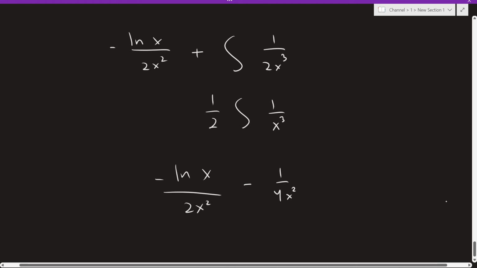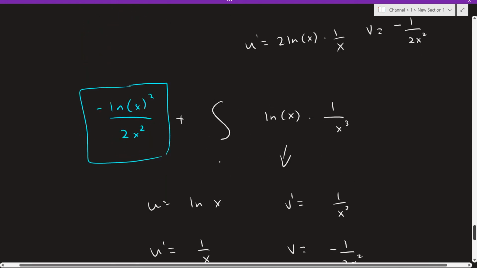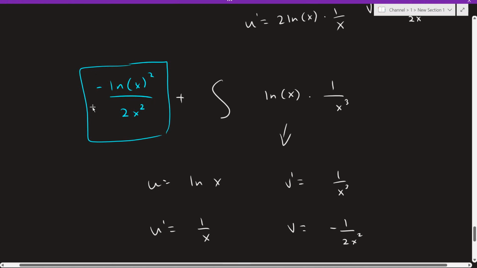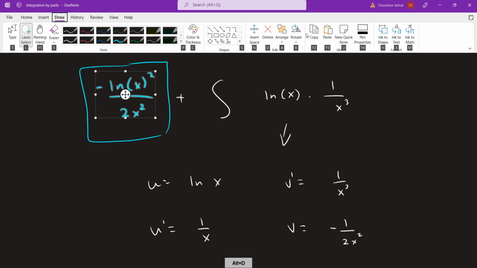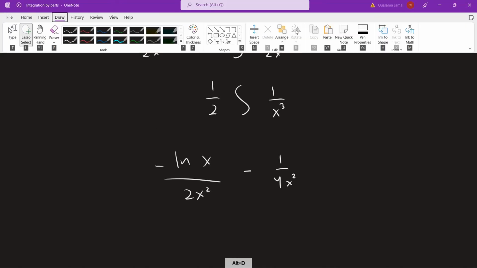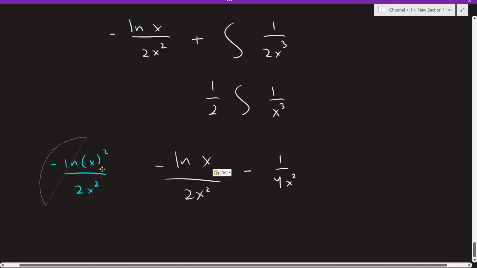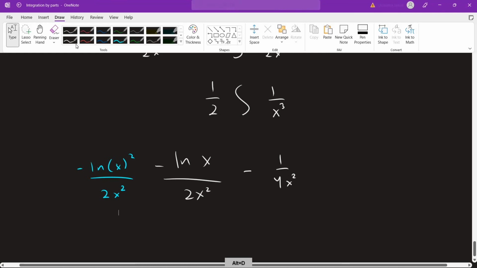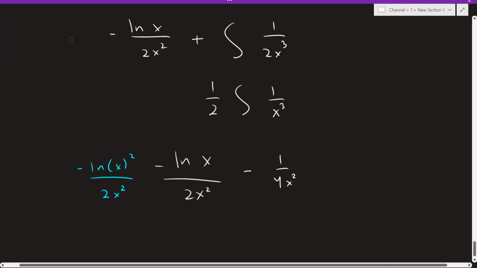Let's not forget the one we left behind in the bright blue. So let me copy this and put it beside it. Let's simplify once more, just so we can put it between 1 and 2. Okay, so let's see what we can simplify.